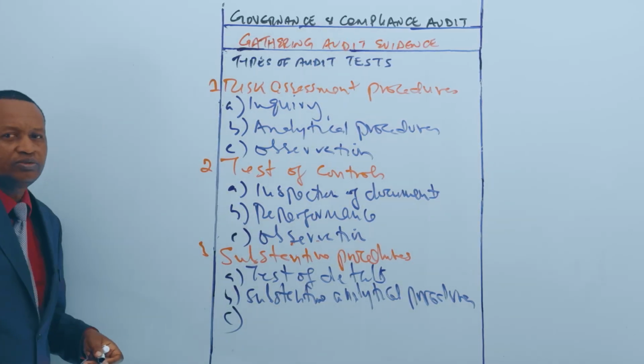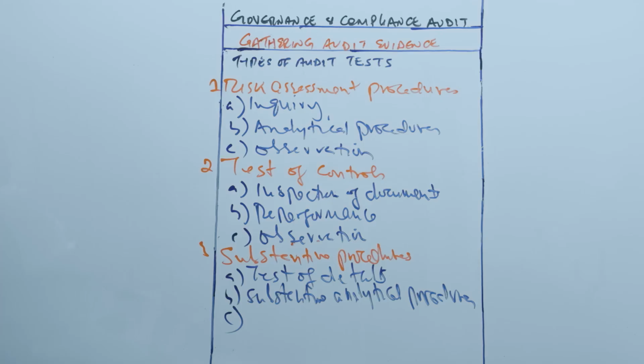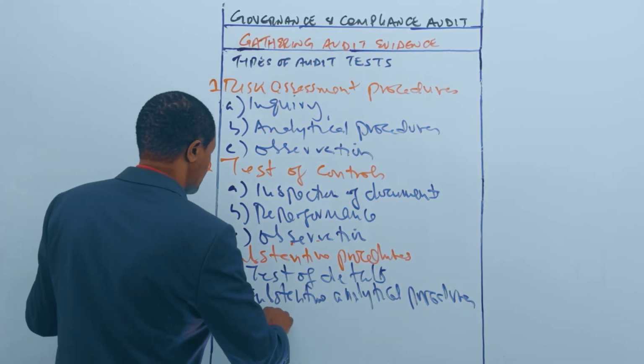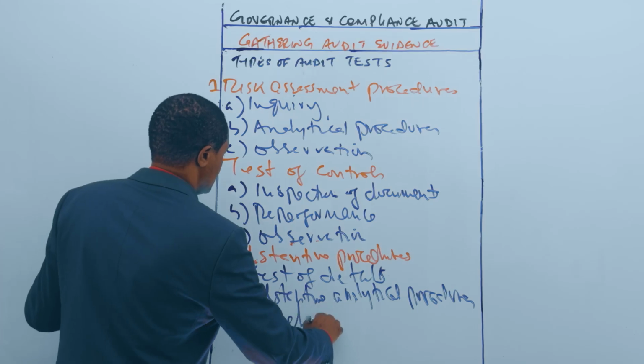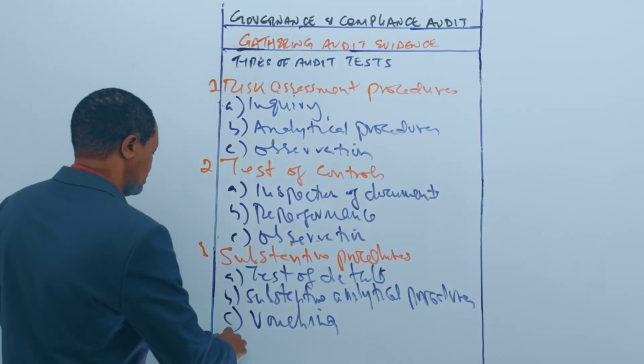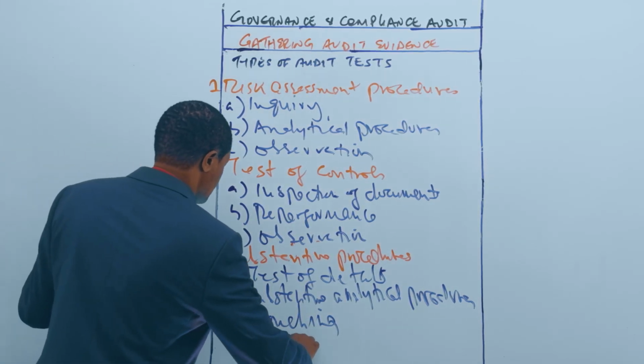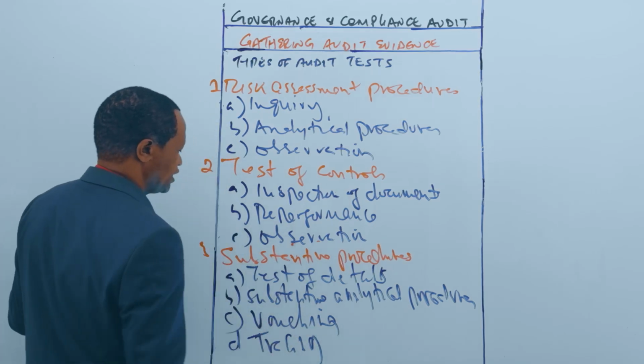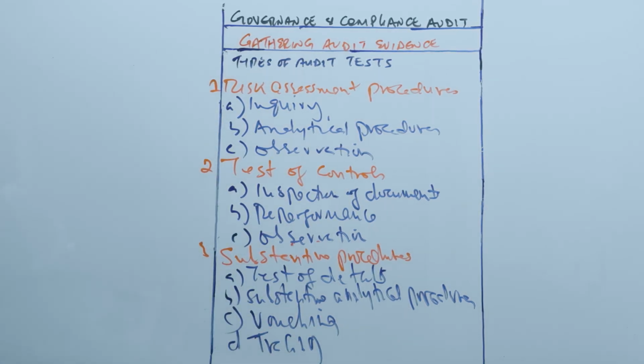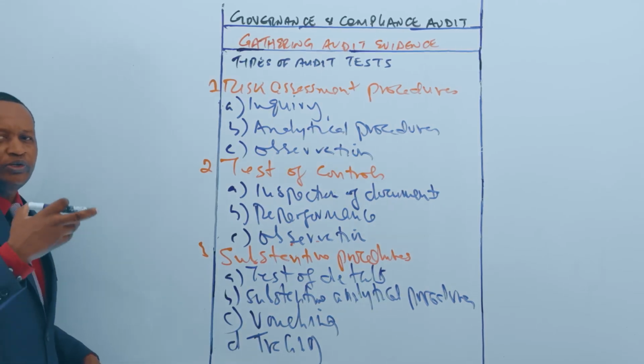Then lastly, we have vouching and tracing. Vouching means starting with the record in the system and looking for supporting paper documents.